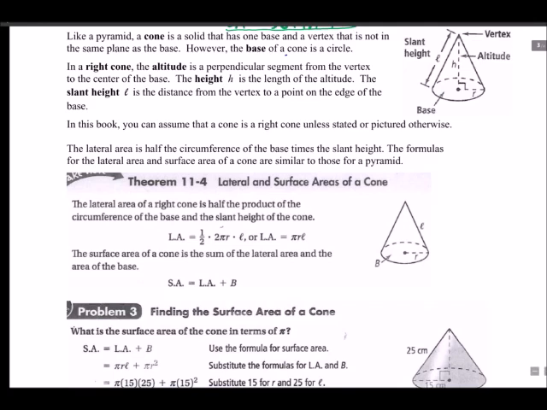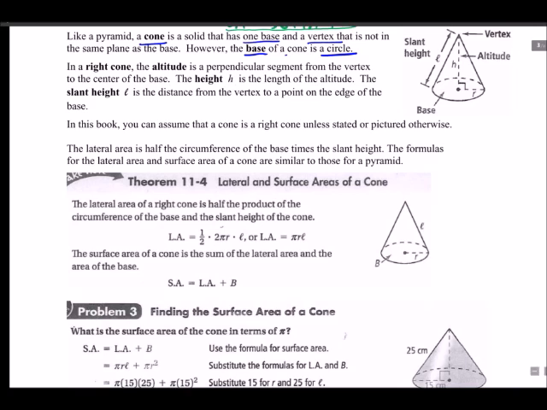A cone has one base and a vertex, and this time the base is a circle. So this is just a circular pyramid, but it's okay. We'll call it a cone.